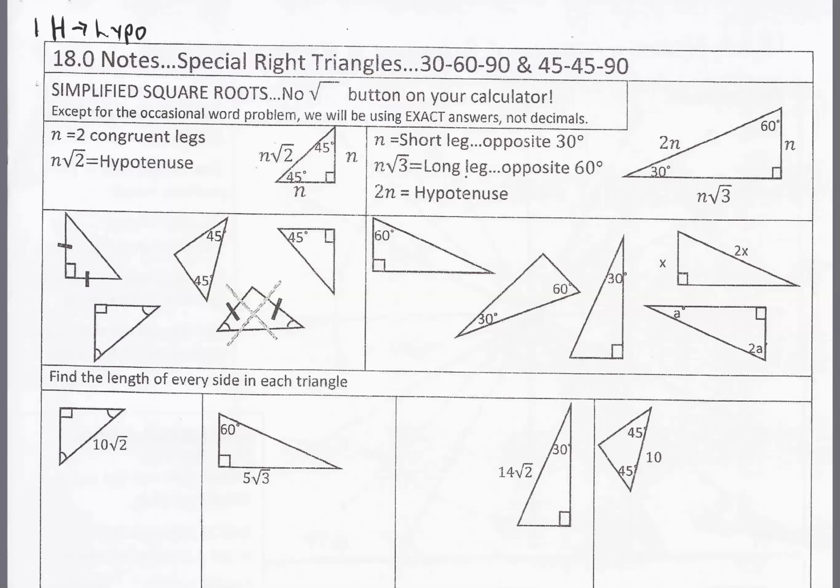When I use a lowercase l, that's going to be the leg. When I use a lowercase s, that's going to refer to the short leg. And when I use a capital L, that's going to be the long leg.